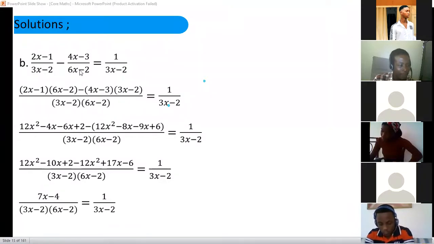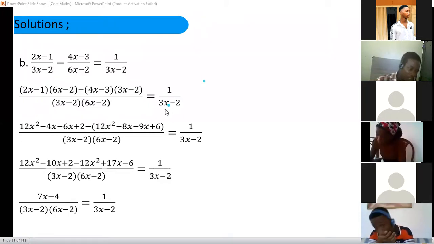That is 6x minus 2 divided by the LCM. When this cancels this, we get 3x minus 2 as our result. Then we multiply the result by the numerator of the second fraction. In that case, we get 4x minus 3 into bracket, times another bracket 3x minus 2.